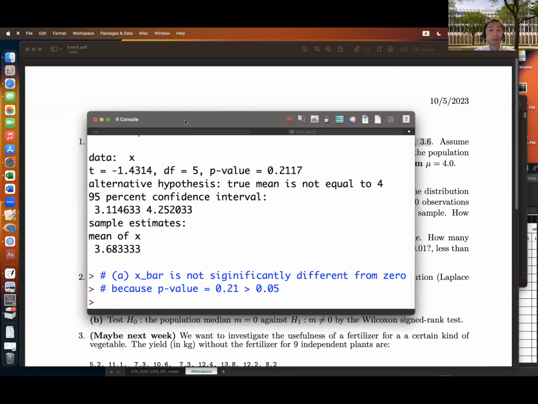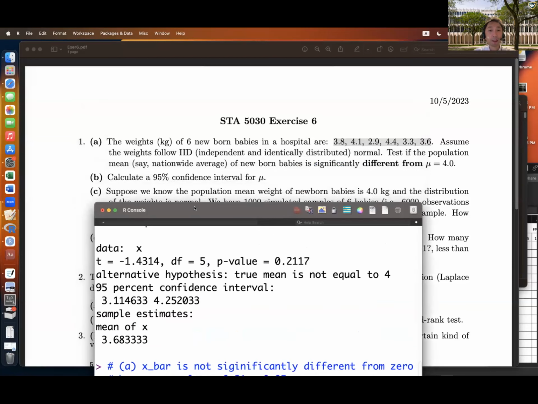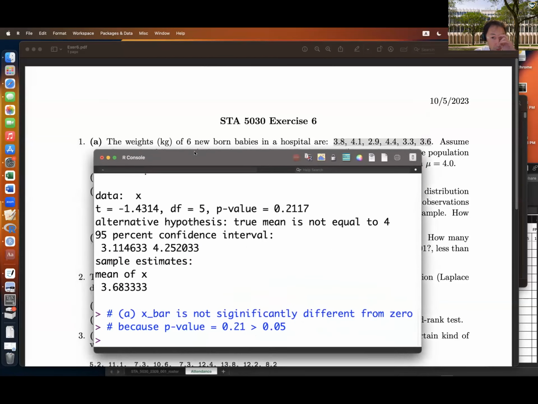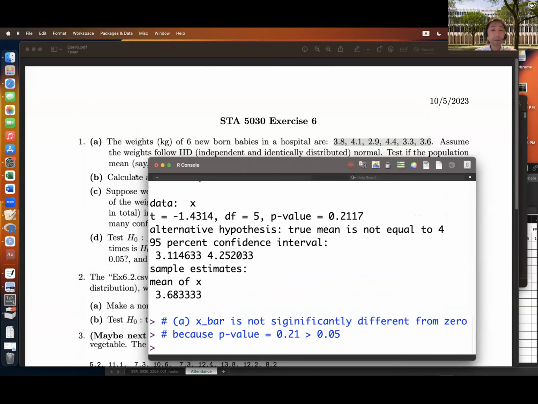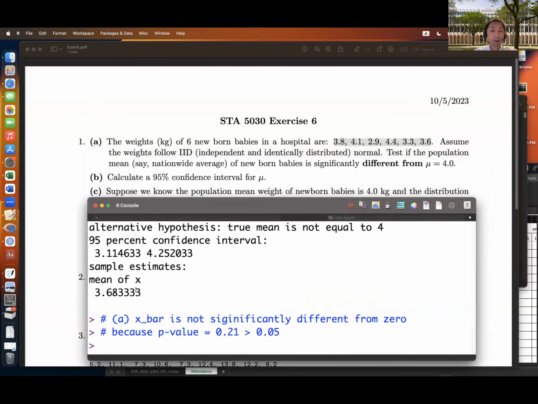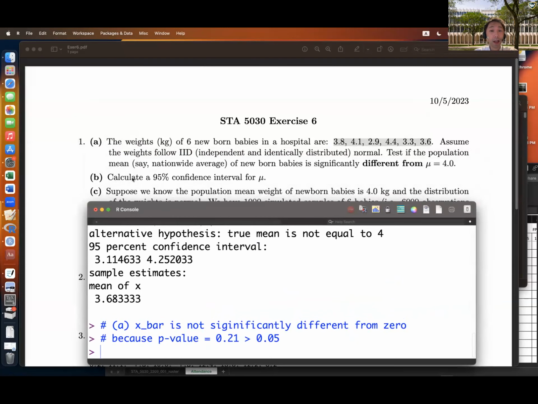So at the 5% significance level, we can say that it's not significantly different. Okay, so now we go to question 2, calculate the 95% confidence interval for mu.